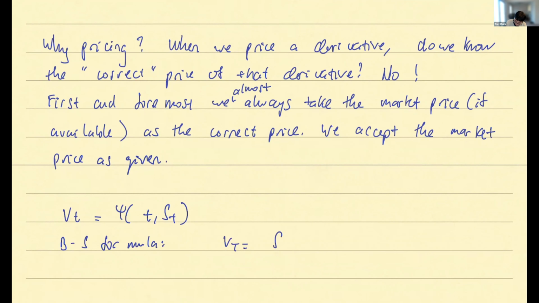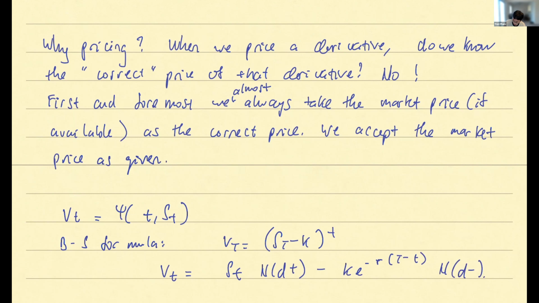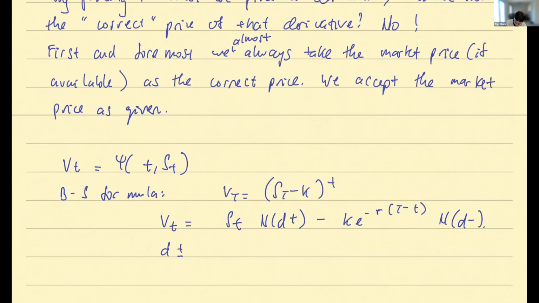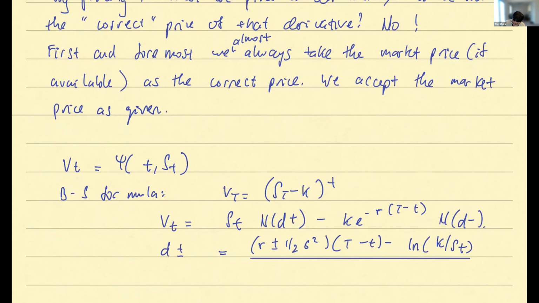If we look at a call option, then V_t is S_t N(d+) minus K e^{-r(T-t)} N(d-), where d± is (r ± 1/2 sigma^2)(T-t) minus log of K over S_t, divided by sigma square root of T-t. Okay. So this is right.